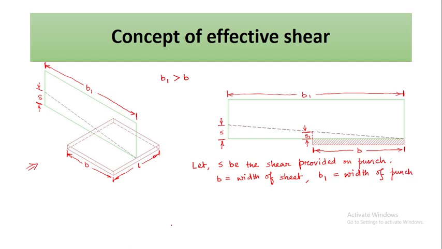Now, as B1 is greater than B, obviously S will not be the shear acting on the surface. Say this is the shear S1 which will act on the surface.